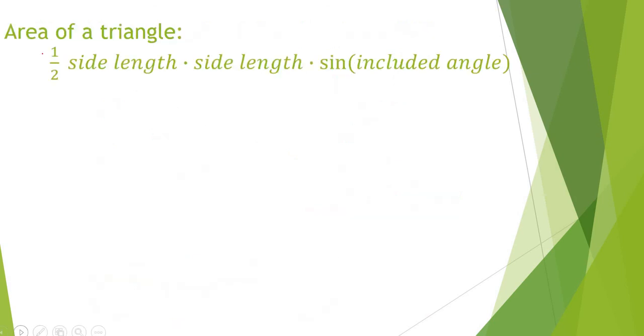That's my side, angle, side again. So the area of a triangle using trigonometry is 1/2 the side length times the side length times the sine of the included angle.